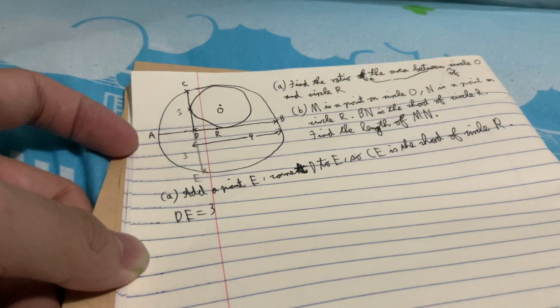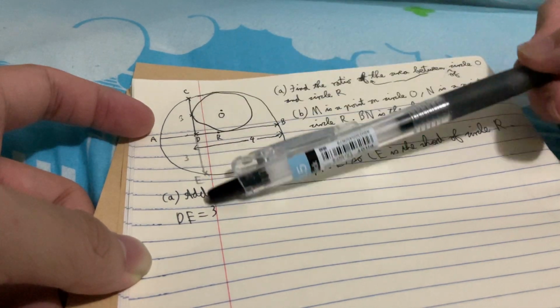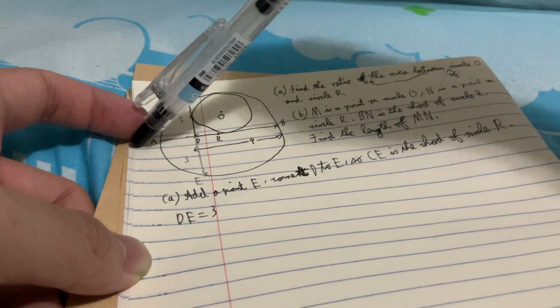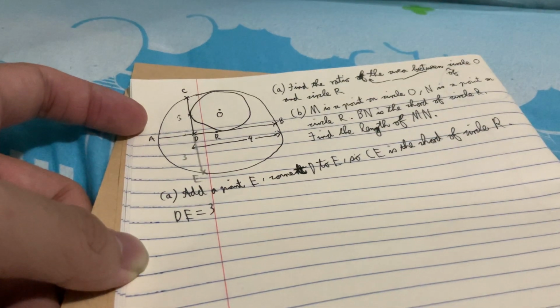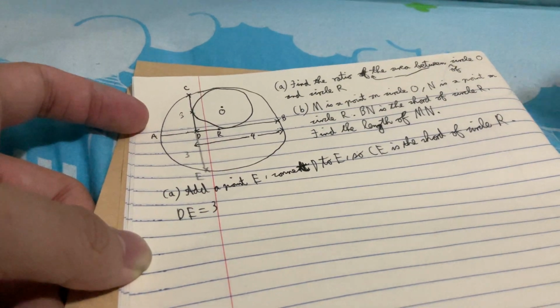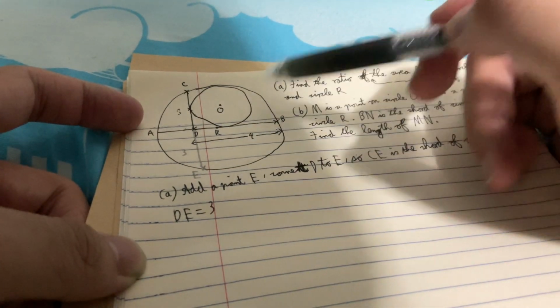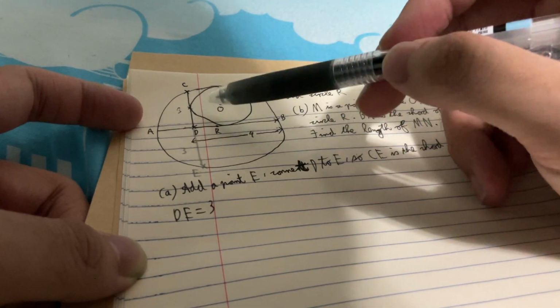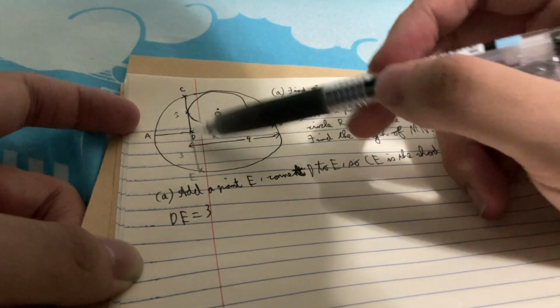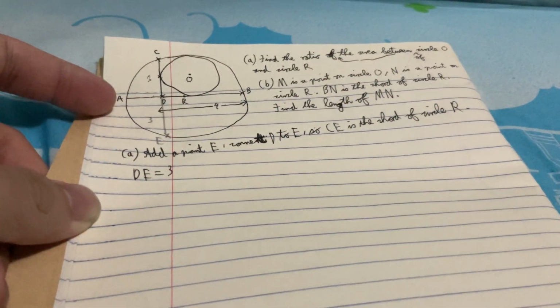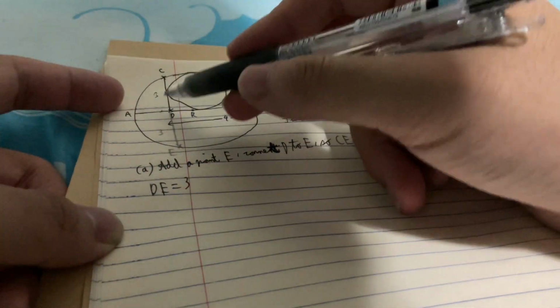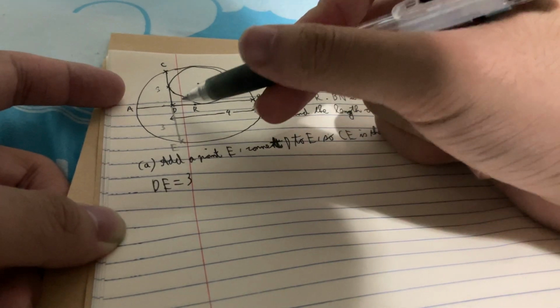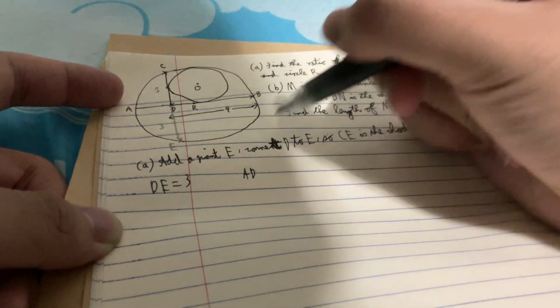We have two chords here, CE and AB, so we can use the chord theorem: the length of AD times the length of BD is equal to the length of CD times the length of DE. This is called the intersecting chord theorem; I'm just going to call it the chord theorem. AD is what we are going to find.